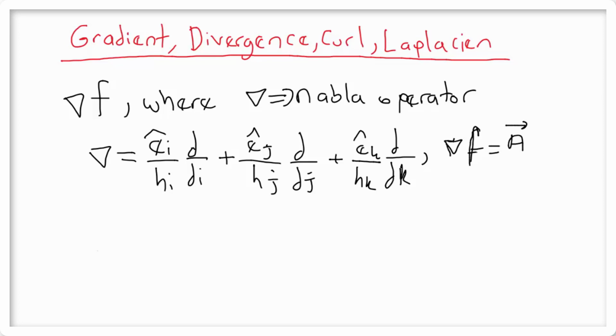We got the scalar in, so here we multiplied by a scalar. Ultimately, since the nabla operator always has a direction vector in front of it, our result will always be vectorial.